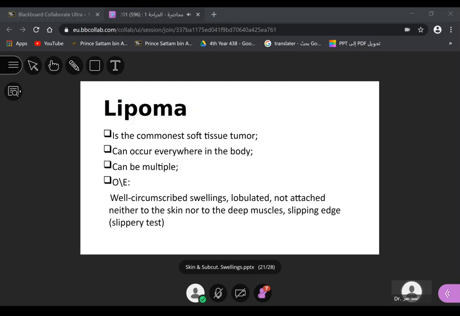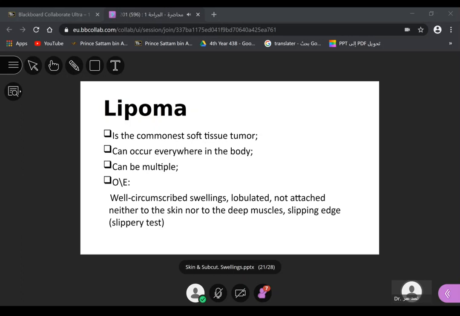The most important clinical features on examining a lipoma are, because it is benign, usually it will be very well circumscribed, because there is no infiltration of nearby structures. And then when you feel it, it feels lobulated.